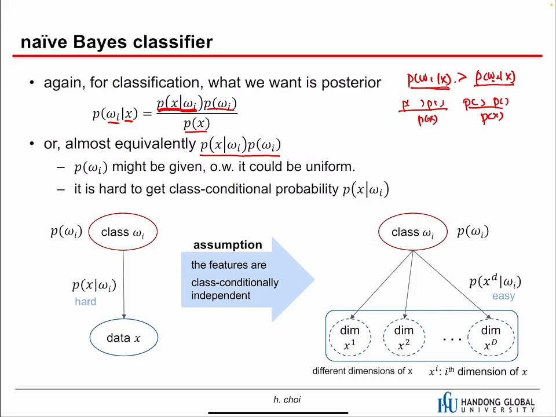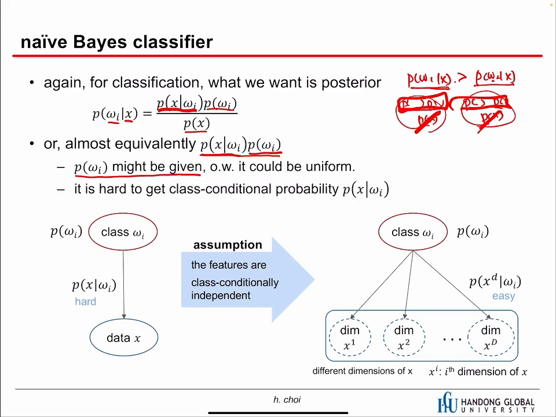So we have the same value here, and we can cancel it, because we are just comparing these two probabilities. Since we have the same value, we can focus on the numerator. So this one is likelihood and this one is prior, and this prior might be given.